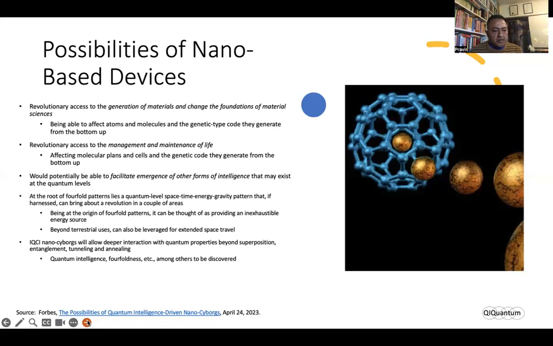And these properties, for example, I referred to briefly here: quantum intelligence, fourfoldness, and others to be discovered. But the point is that we would have access to this, and that would be the source of other technological developments as well.